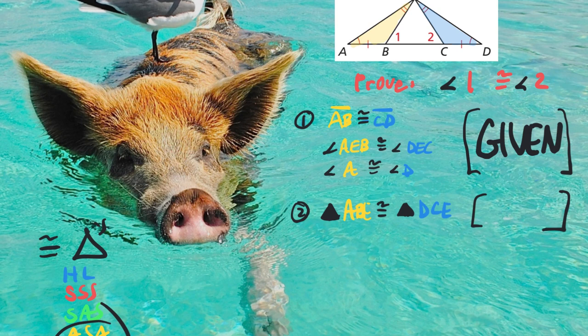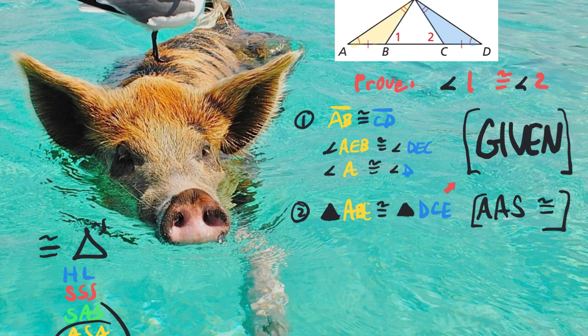Whereas in this case, the side is not included between the 2, so this side will only be touching one of the angles and not the other one. When we look at our picture, our side is touching the vertex of this angle, but it's not touching the vertex of this angle. So this side is not included between these 2 angles, like side AE would have been. This is a case of AAS.